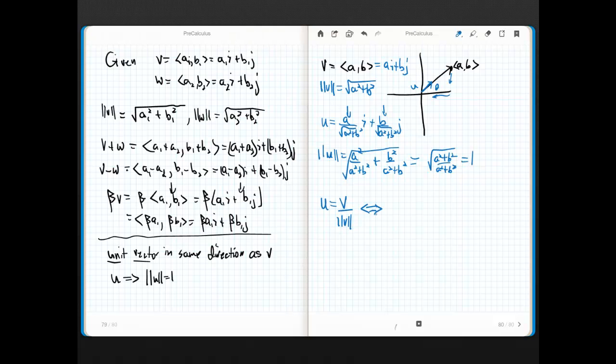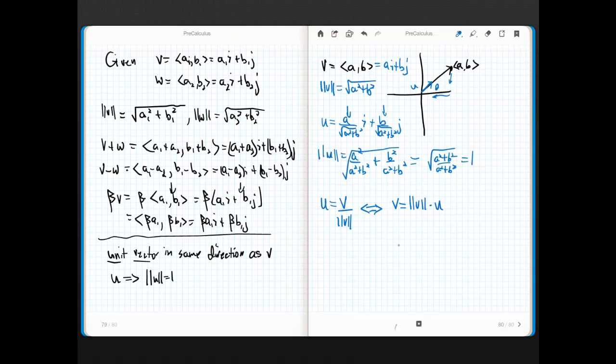But algebraically speaking, isn't this true if and only if v is equal to the magnitude of v times the unit vector? I mean, there's nothing fancy there. That's just algebra, but it's a cool way of thinking about it. In other words, if I have a unit vector in the same direction as v, and I multiply through by the magnitude, then I get exactly the same vector.